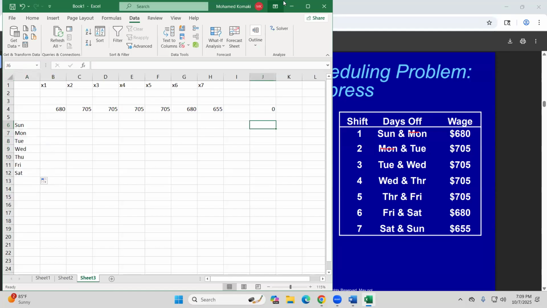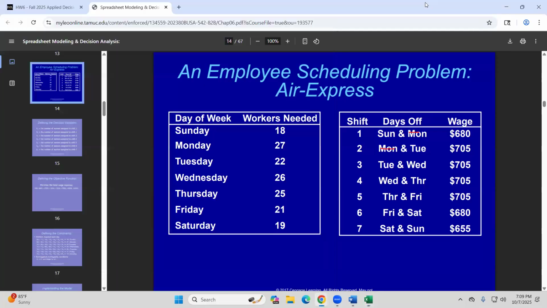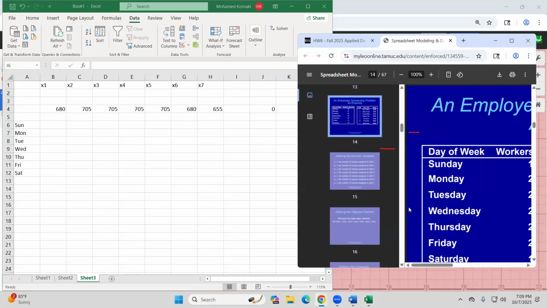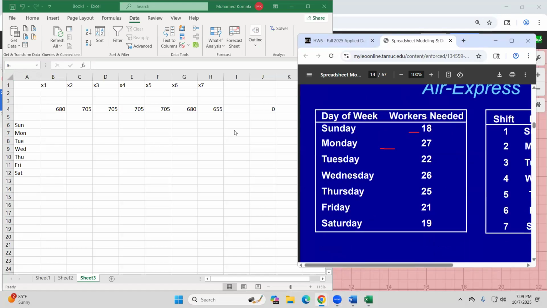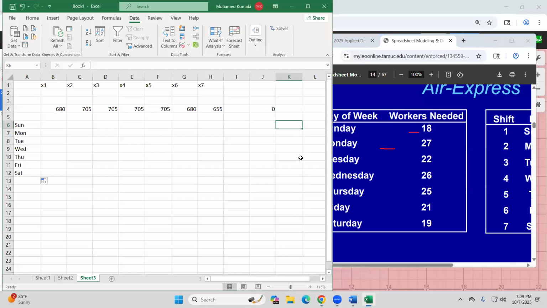And let me write the number of individuals that I need. So I need 18, 27, 22, 26, 25, 21, 19.